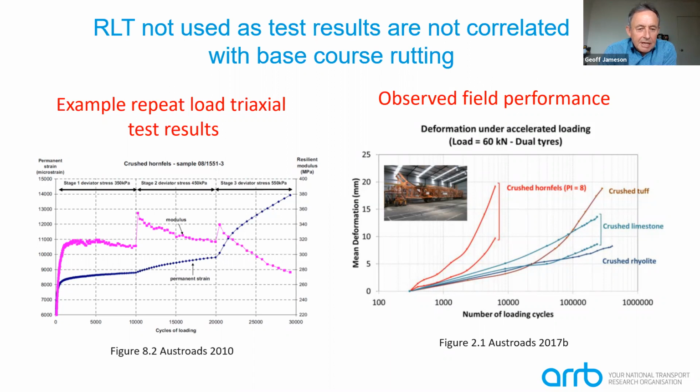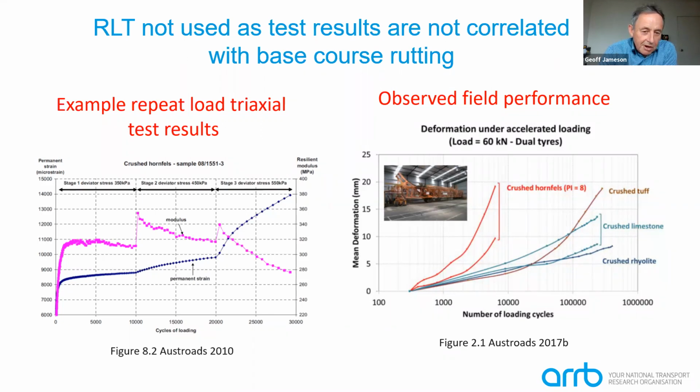But you can see in this case, you're actually getting a modulus reduction happening with cycles of loading in stages 2 and 3, which indicates that something is happening that's not beneficial to the material, even in this repeat load test. It's not actually increasing or being stable with time, but it's actually reducing in cycles of loading.